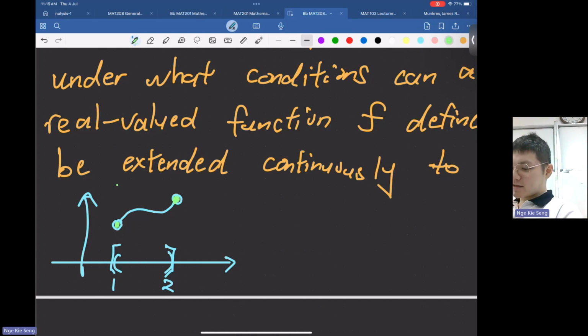Of course, you can extend it a different way, right? But if you do it another way, you get a function that is not continuous. But we want to extend it such that it is still continuous.